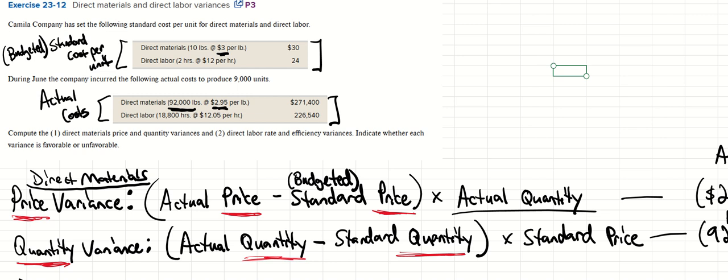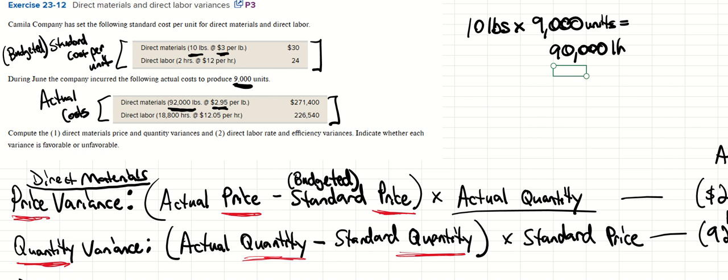We're going to take the 10 pounds that's right next to direct materials within the standard cost per unit section, and multiply it by the units that were actually produced, which is 9,000. That's going to give us 90,000 pounds, and this is going to be our standard quantity.